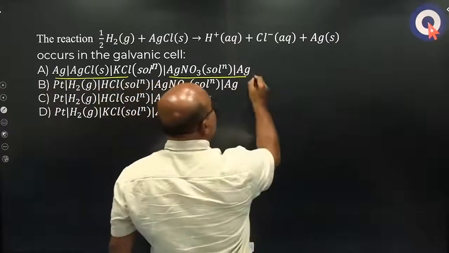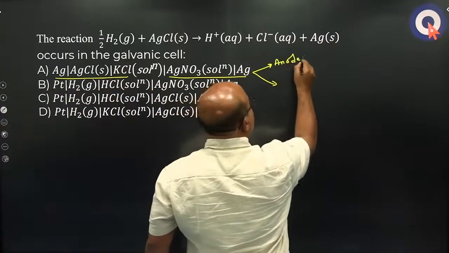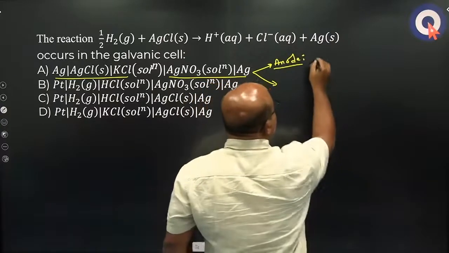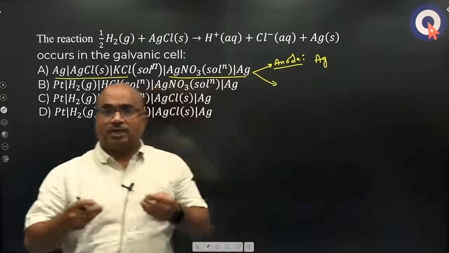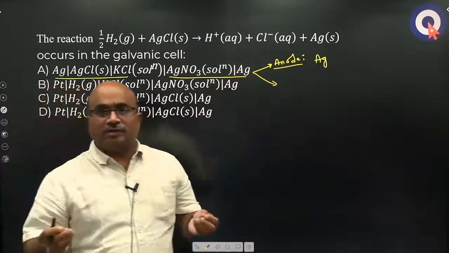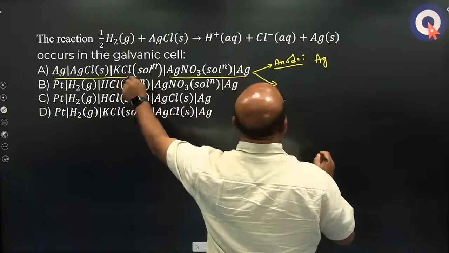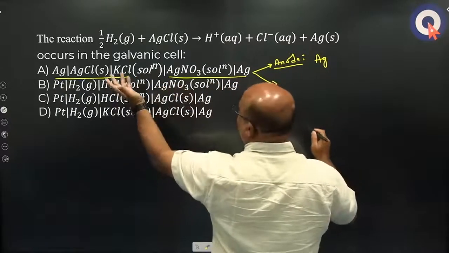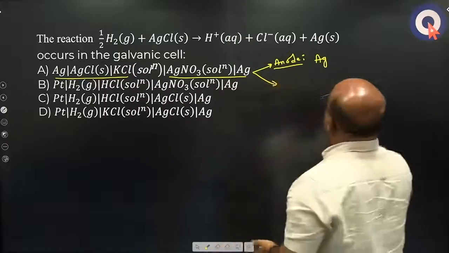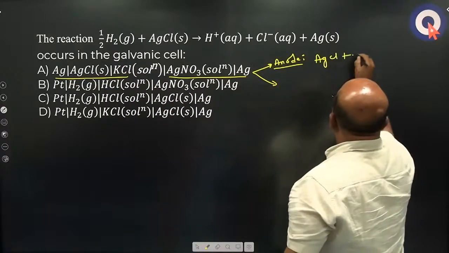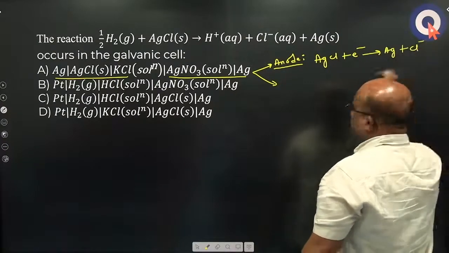So what are the anode reaction and the cathode reaction? Let us write only reduction reactions. The reduction reaction at the anode: actually the anode undergoes oxidation, but let us write it as reduction: AgCl plus electron giving Ag plus Cl minus.